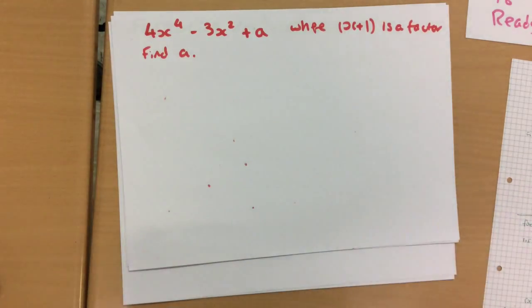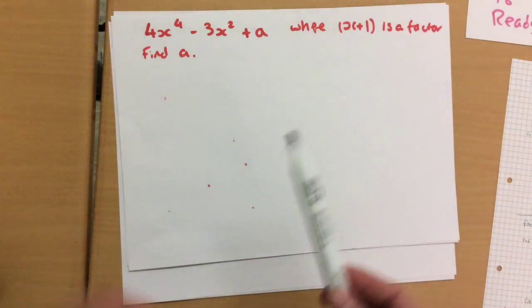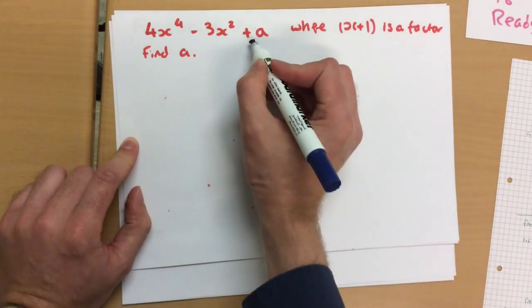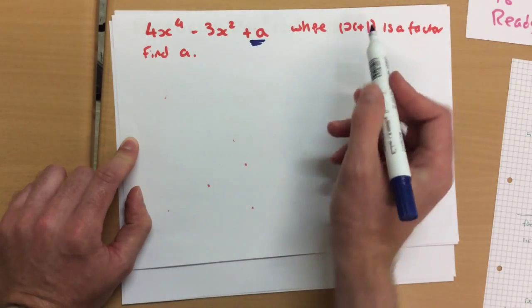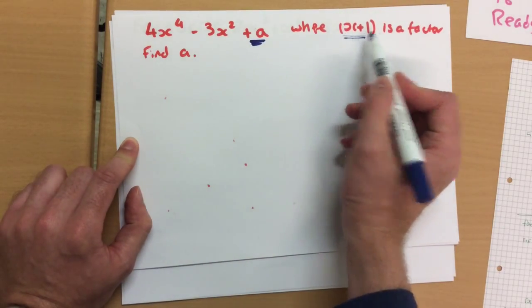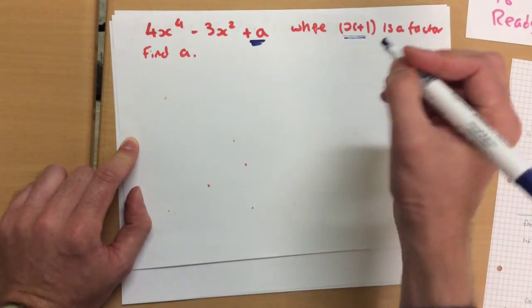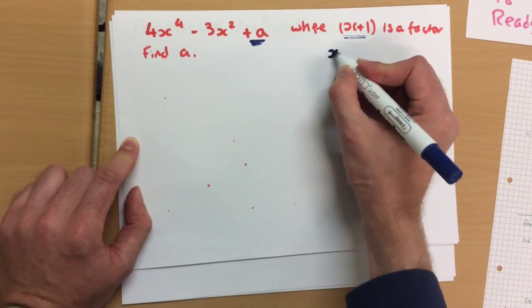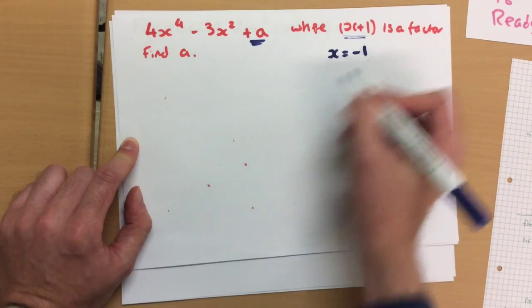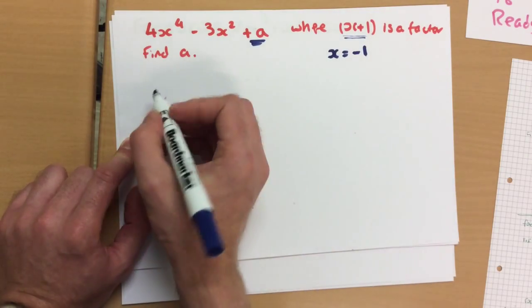That's a really useful tool, because if we're presented with a question like this, again, this could be done by dividing, but an easier way is to find out the value of the missing coefficient. We're trying to find this value of a, but we're told x plus 1 is a factor. So if that's a factor, if we substitute in negative 1, this will give an answer of 0.